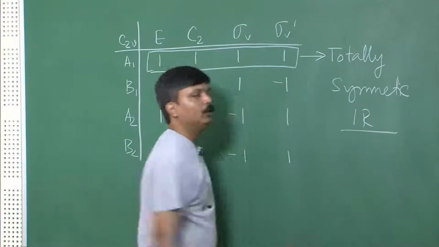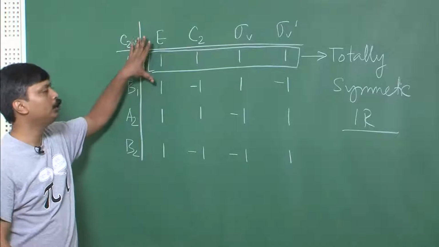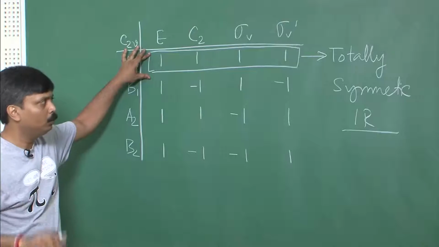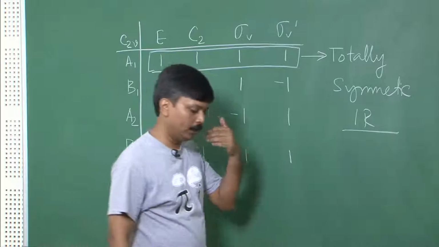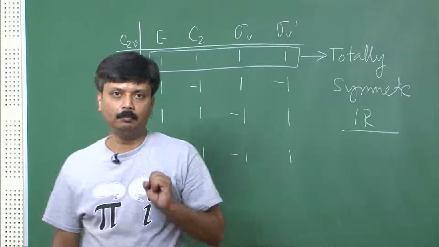So for any character table you have to form, you know for sure that one totally symmetric IR will be there.